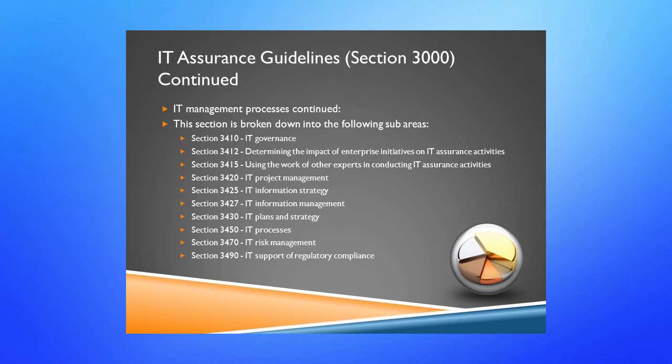And 3490 were guidelines that understood the support of regulatory compliance. So I think a lot of those titles of the subsections are pretty intuitive. Project management, information strategy, information management. And so remember that these are guidelines you can use to help you through the process of your audit and assurance that you're going to be doing on these particular organizations.